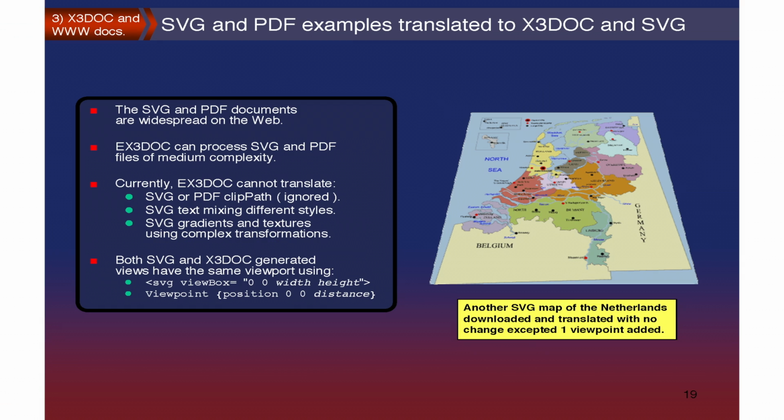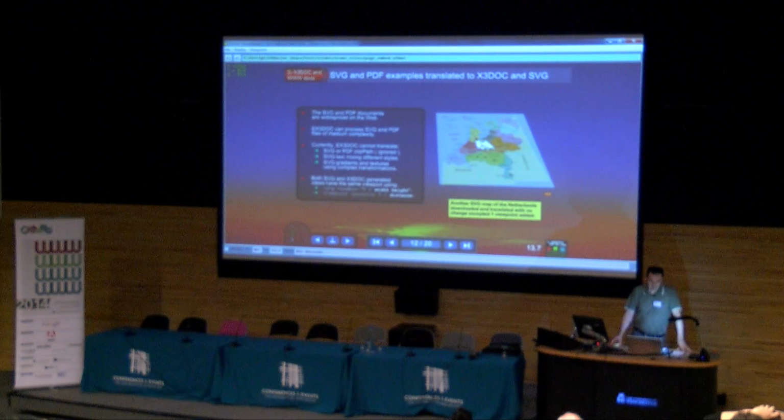Second case, you can import in a three-dimensional system existing graphics designed in SVG format. So I took a map. This is the second map of the Netherlands.